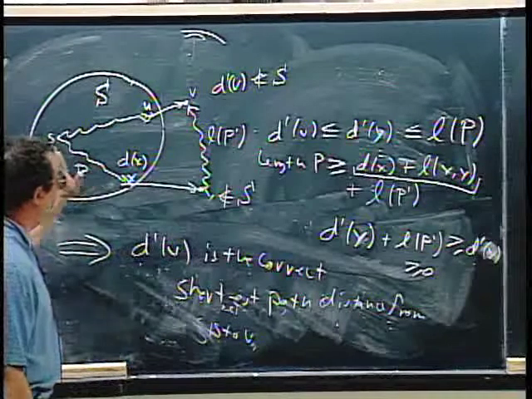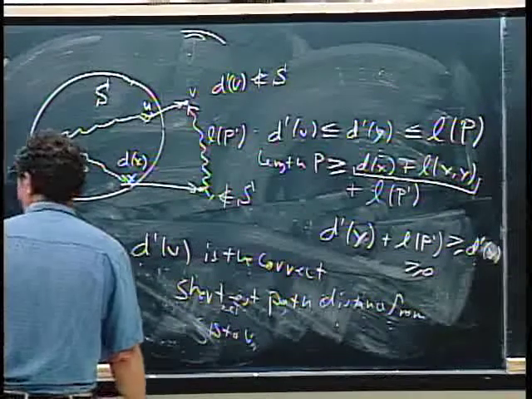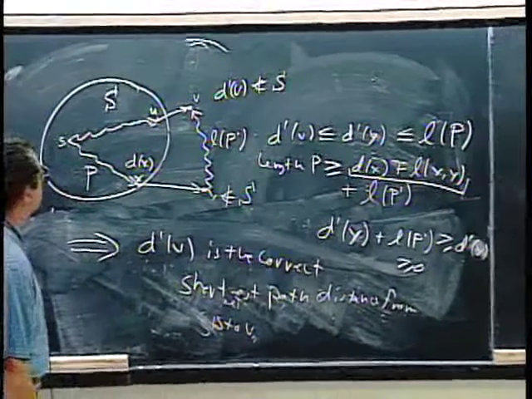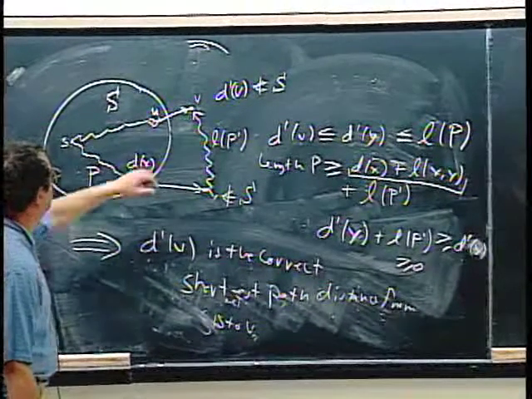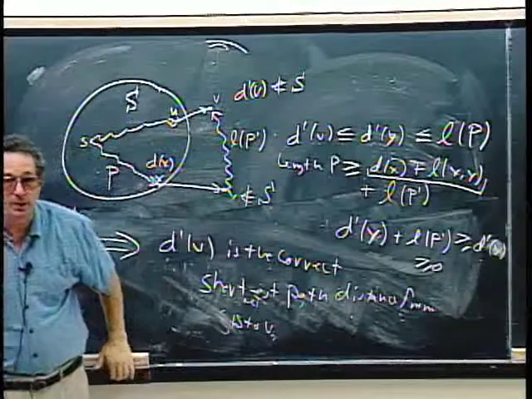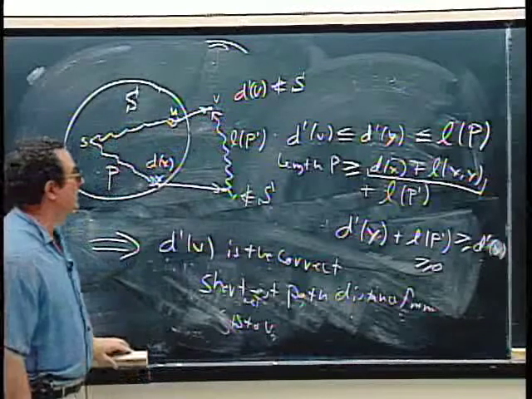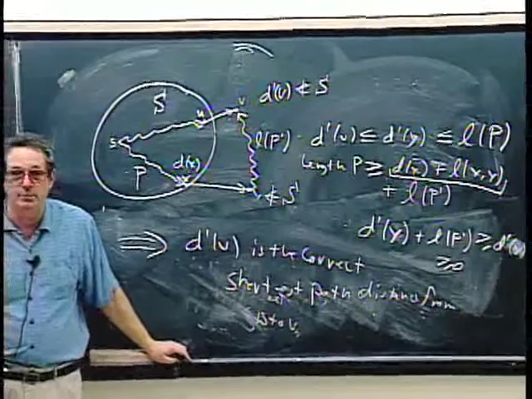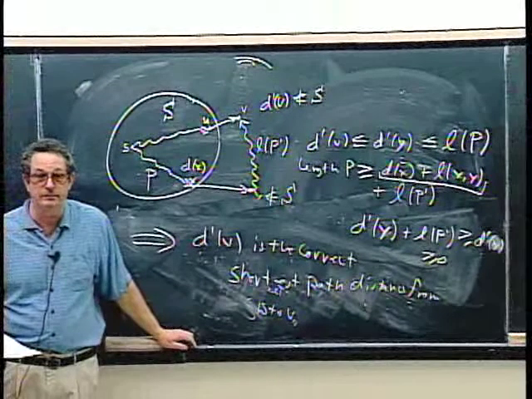Okay, so we've got correctness now. What's the running time? Well, let's think again about what the algorithm is doing at each step. Whenever a node is placed into capital S, the d prime values of all the remaining nodes, the nodes that are not in capital S, have to be updated.